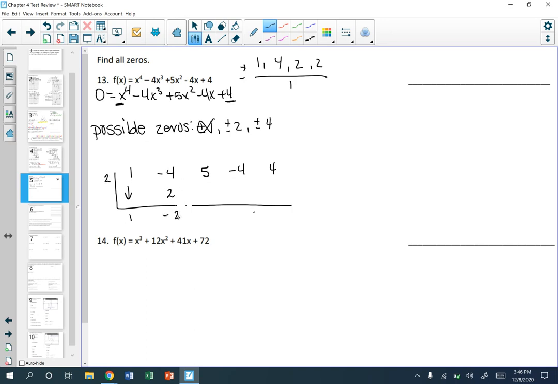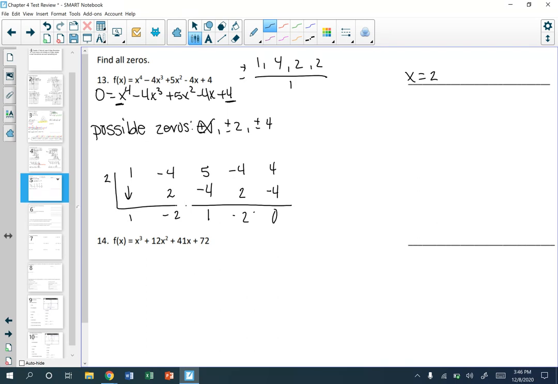It gives me -2 times 2 is -4, which gives me 1. Perfect, I get a remainder of 0, so I know that x minus 2 is 0, so I'm going to go ahead and write that up there. x equals 2.